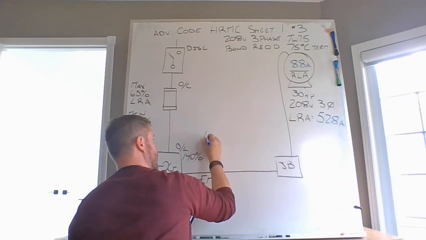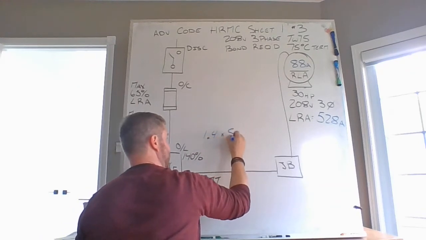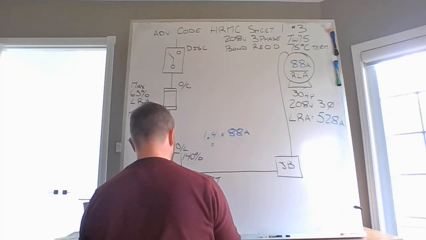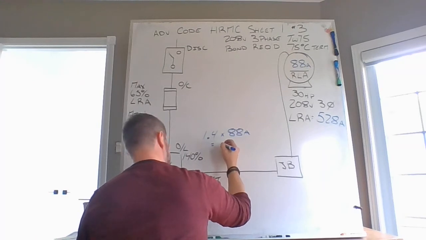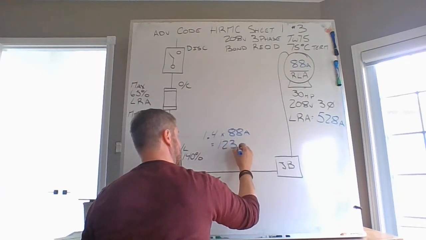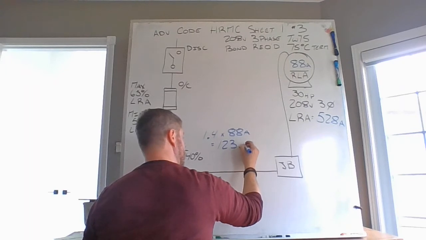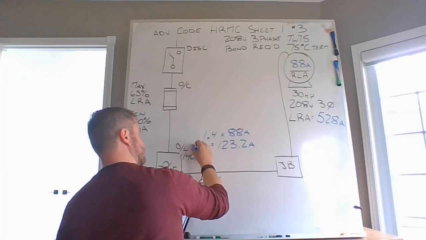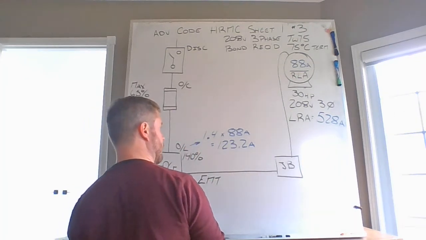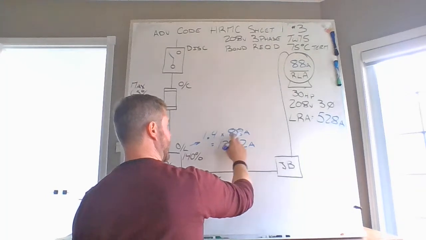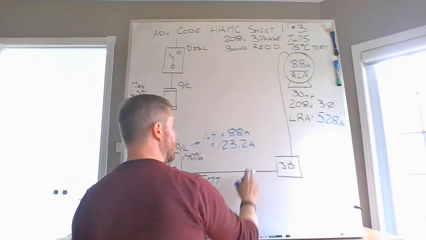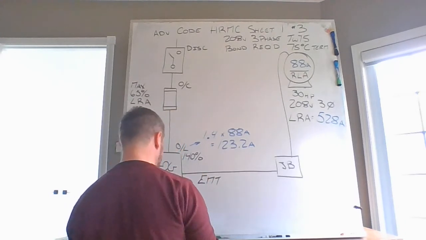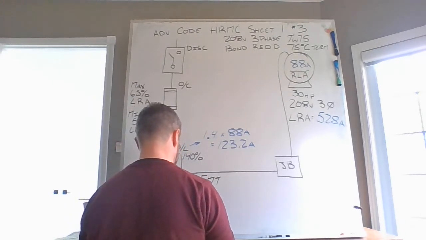So you are 1.4 times 88 amps as your rated load current, which means your overloads are going to be set at 123.2 amps for your overload setting. 1.4 multiplier at your rated load current of 88 amps, giving you 123.2 amps rating or setting of your overload component. That's your overload relay.